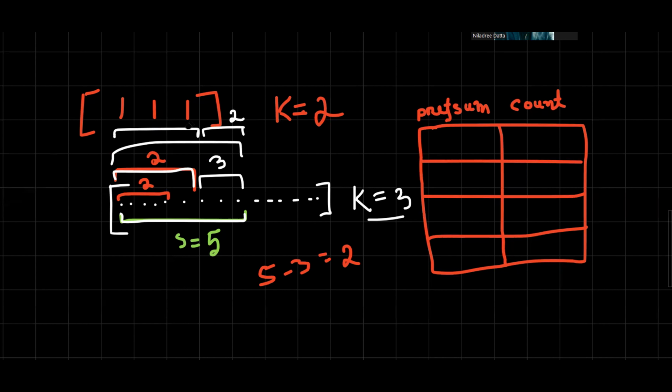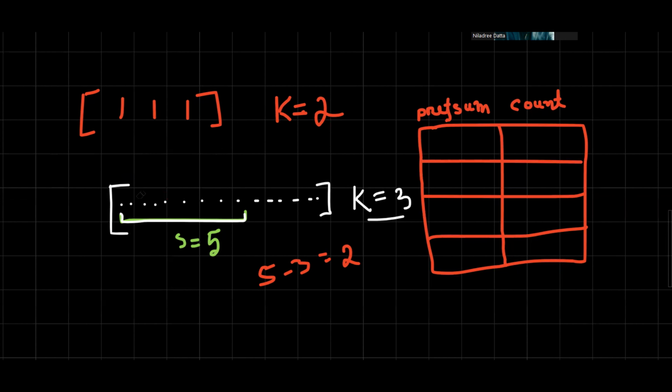So we can say that we have to count the frequency of the prefix sum to determine how many times it appears before. So I hope you understood the intuition with this simple example, k equal to 3 and this large array.